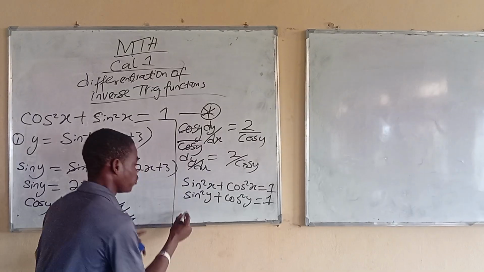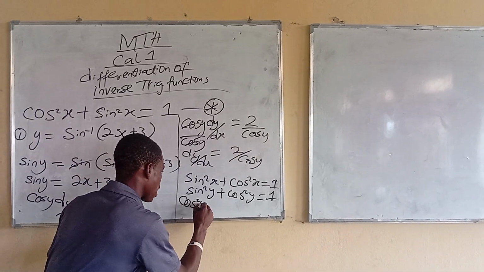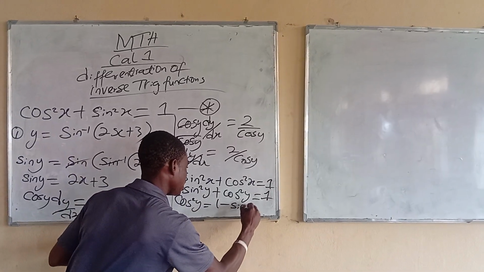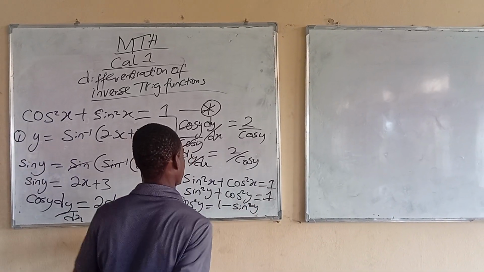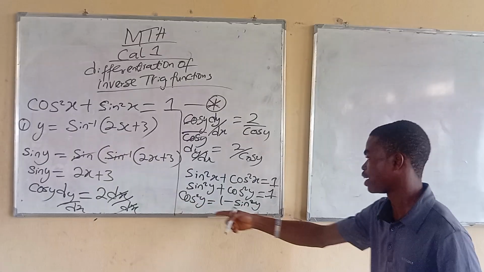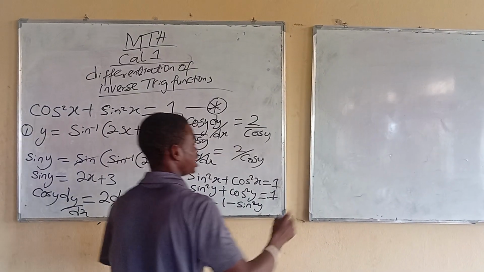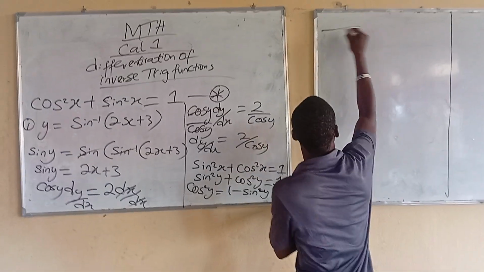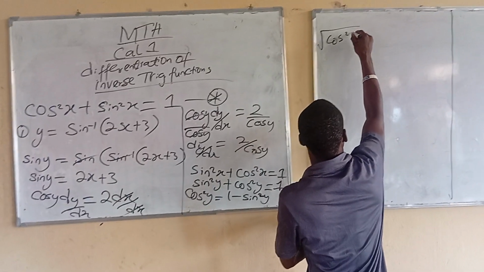Making cos y subject of the formula, that means cos squared y equals, carry this here, 1 minus sine squared y. So from here, how do you get rid of the square in the cos y? Taking square root of both sides. So when you take square root of both sides, that's square root of cos squared y.